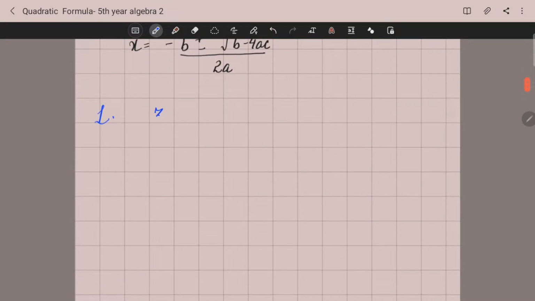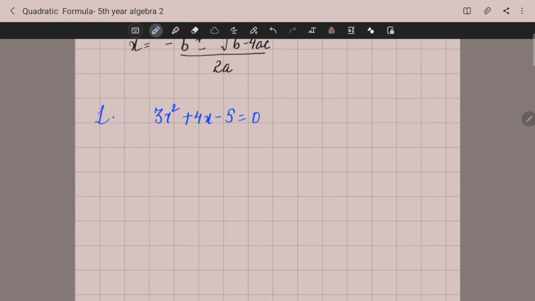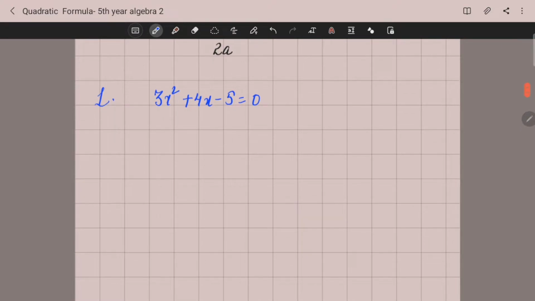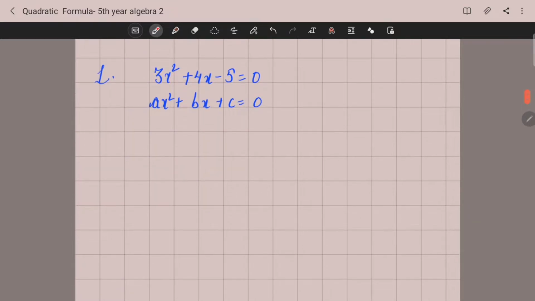Your equation is 3x square plus 4x minus 5 is equal to 0. First of all, we will compare this equation with ax square plus bx plus c is equal to 0, and we will find the values of a, b, c from here.